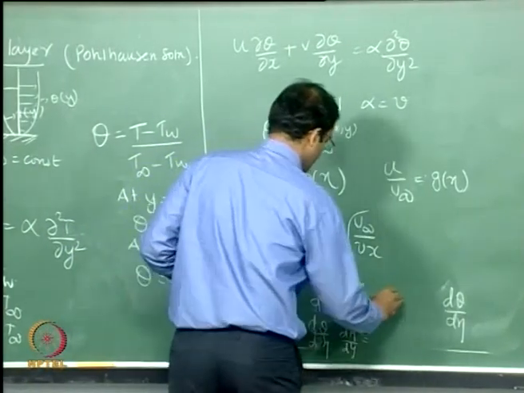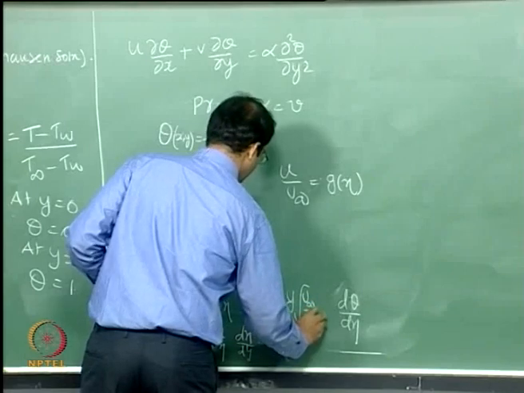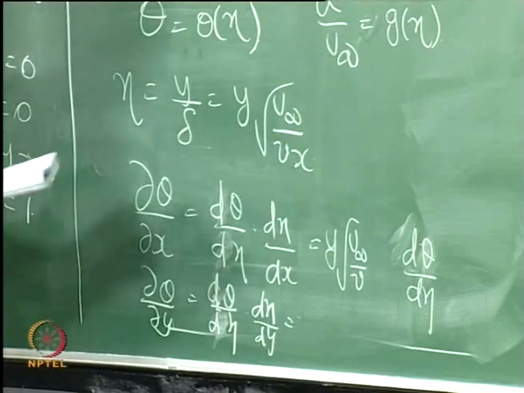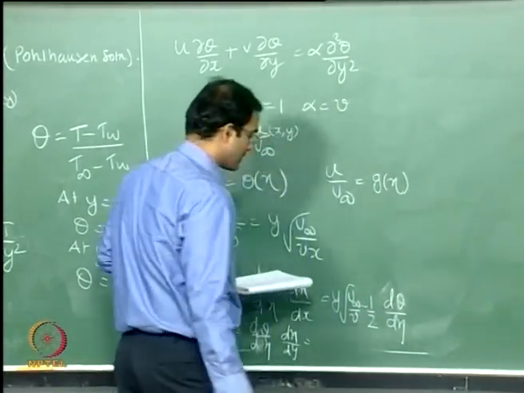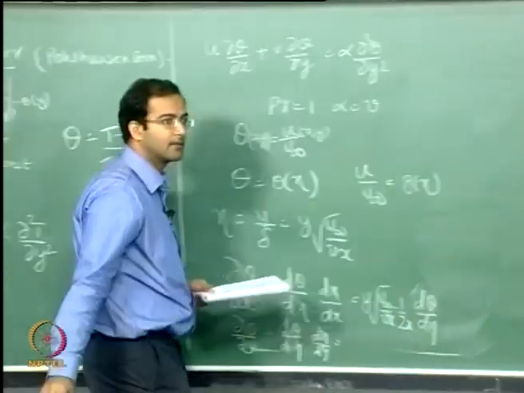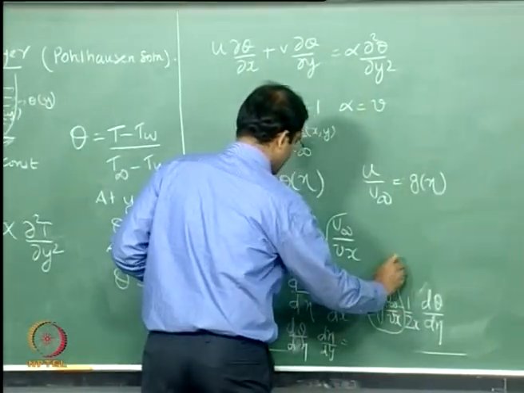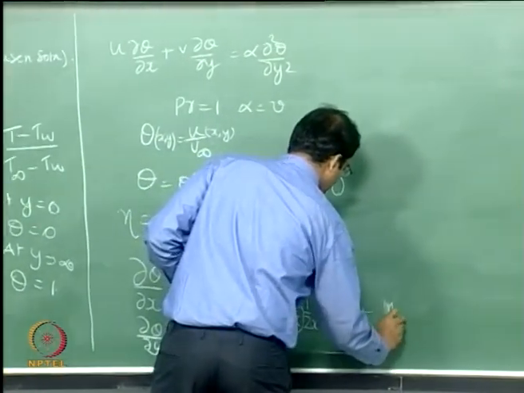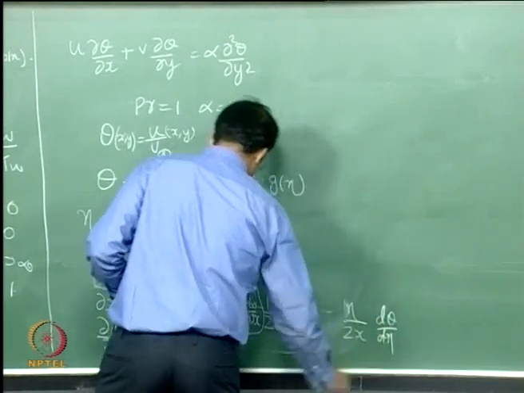So this is y times square root of u infinity by nu, into the differential of x power minus half, which is minus half x power minus 3 by 2. This I can again write like this, and this already is my eta. So this can be written as minus eta by 2x into d theta by d eta.